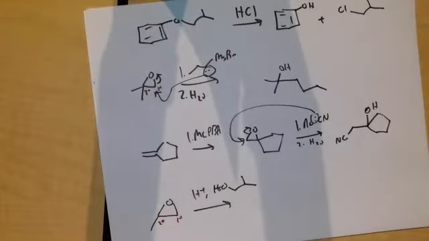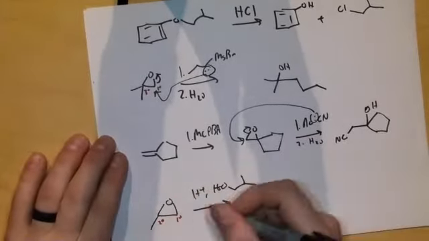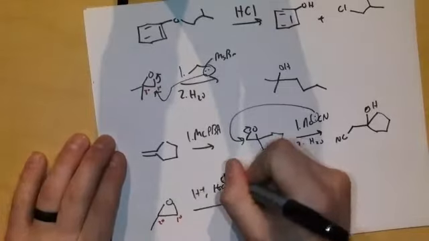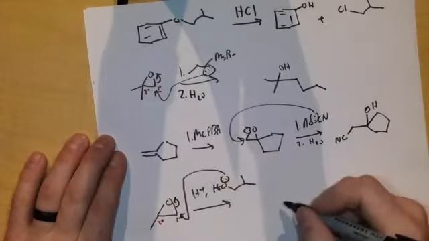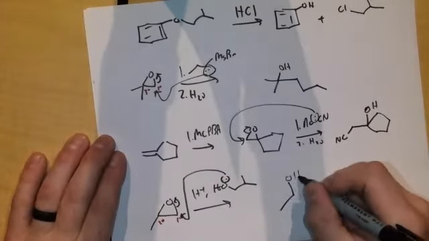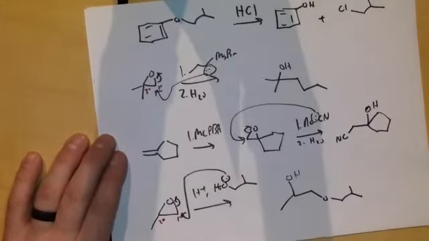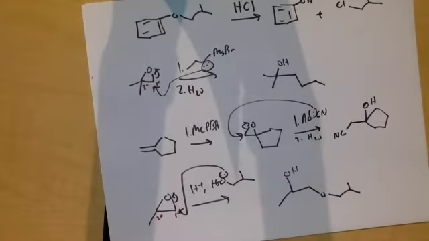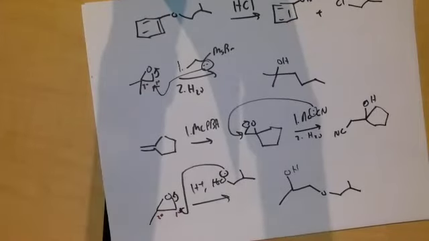So this is actually going to follow the rules where if this is only a secondary center, this is going to come in and attack at our less substituted position. And give us this ether here. So as a review, when we have these less substituted ones, even if you're in acid, it's still going to open at your less substituted position to give you this product.